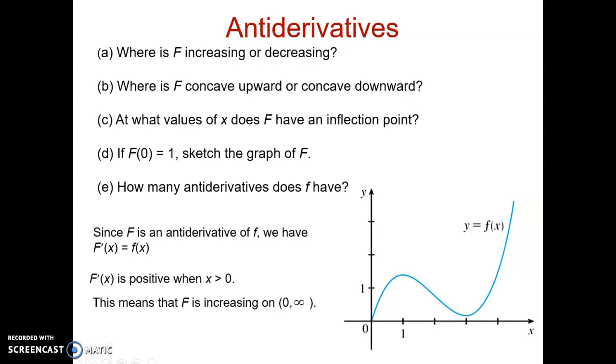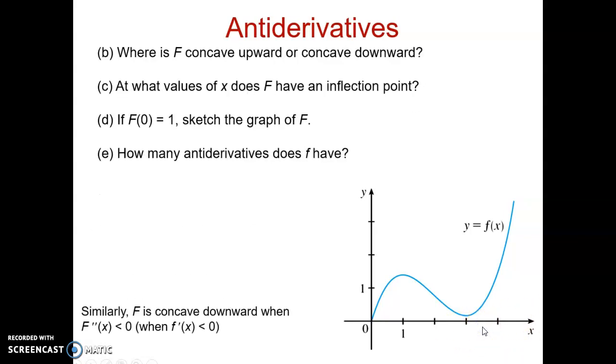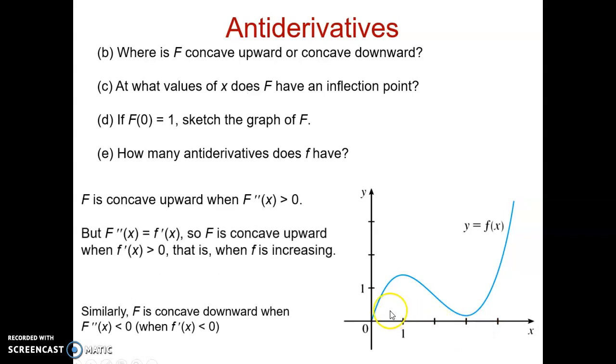Where is the capital F function concave upward or concave downward? Well, the original function, capital F, will be concave up or concave down when the second derivative is either positive or negative. In other words, we're looking at the derivative of this curve. So F is concave upward when the second derivative of capital F, which is the derivative of this curve I'm looking at, is increasing.